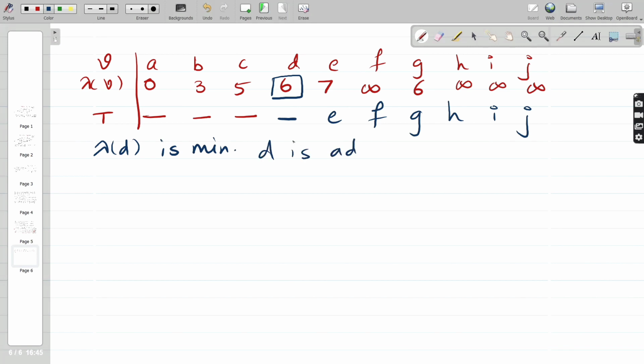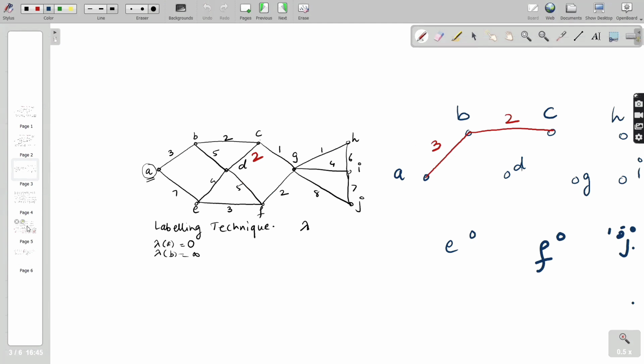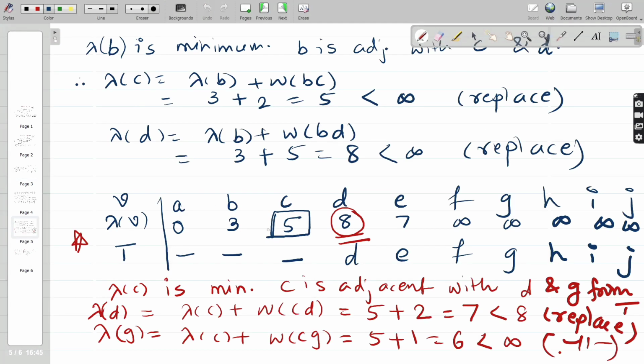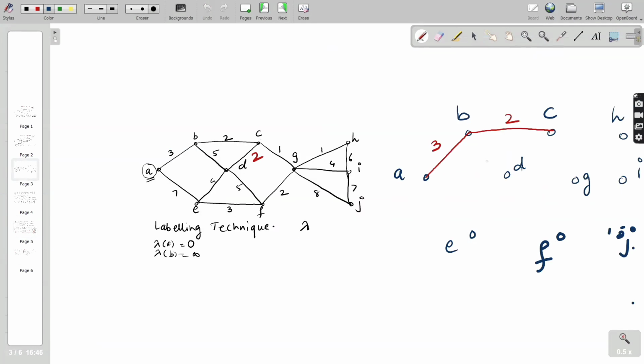D is adjacent with which vertices? Now what happens to our graph here? Let us see that when lambda C was considered, lambda D became 7 and lambda G became 6. Initially I was getting the path from A to D as A to B, B to D, which was giving me the distance equal to 8.